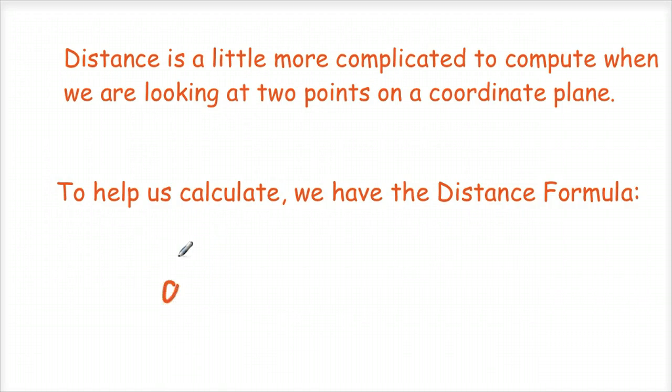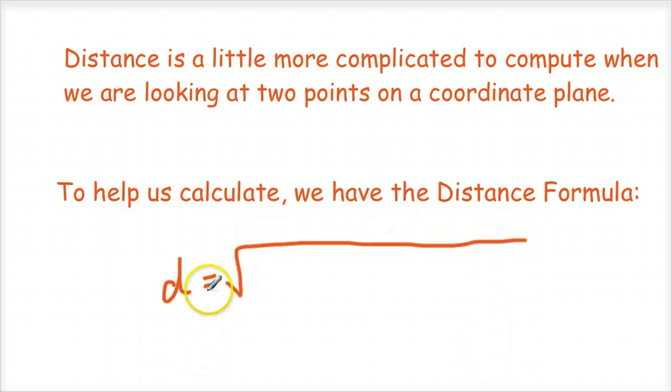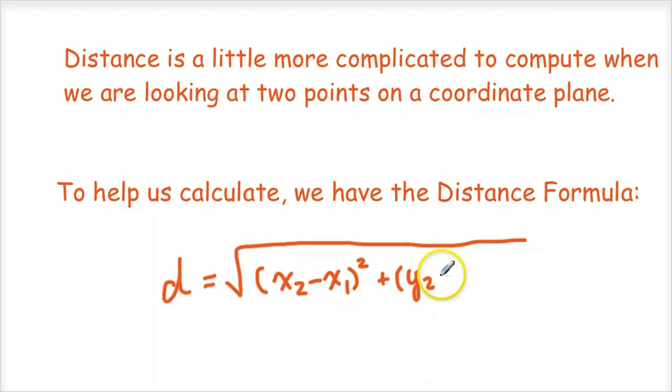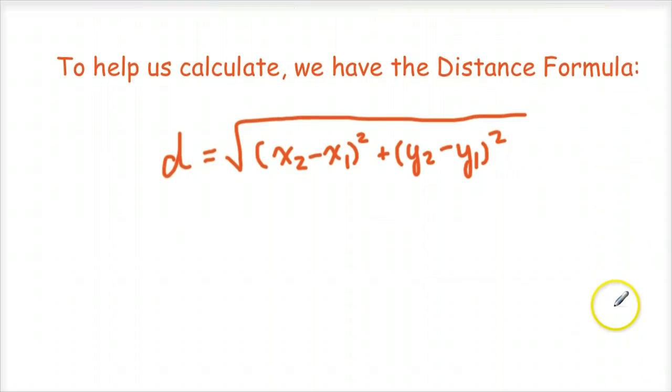And the distance formula is d, or distance, equals the square root of the quantity x2, or x sub 2, minus x1 squared plus y2 minus y1 squared. And what are x2, x1, y2, and y1?